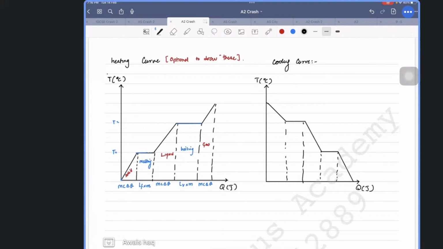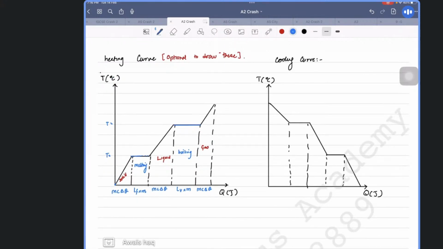When the cooling curve comes, you should understand that this would be gas, this is where it will be liquid, and this is where it will be solid. When the gas is cooled, this is where it is going to be mc delta theta because it's the change in temperature, and then here it's causing condensation.